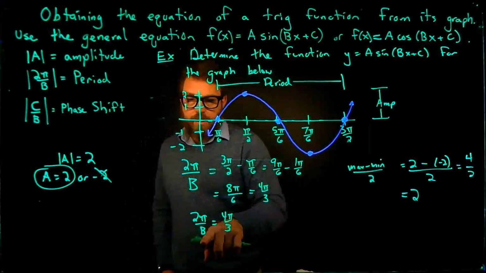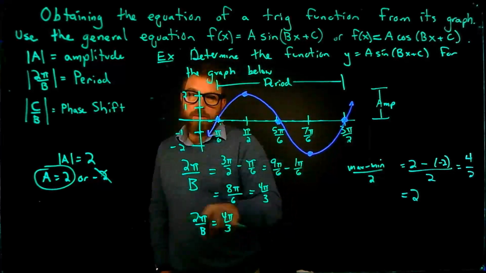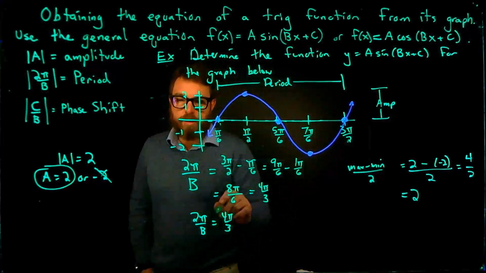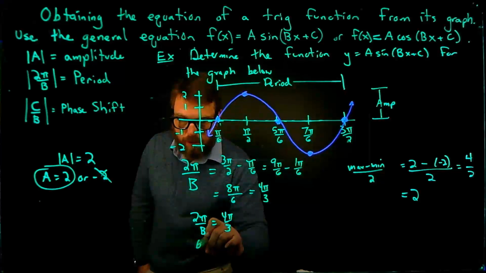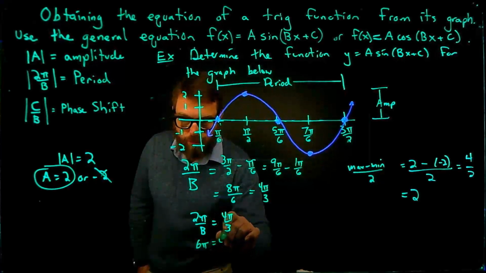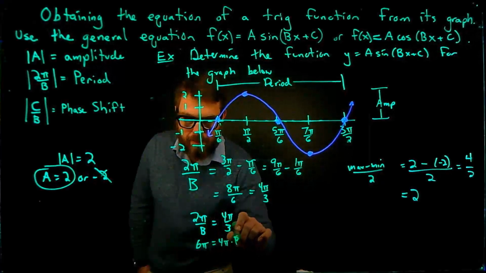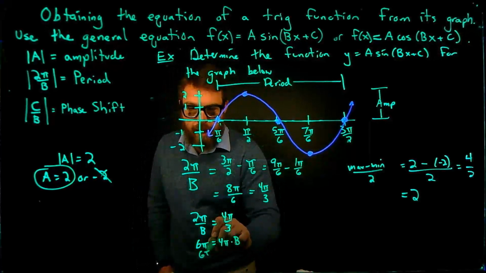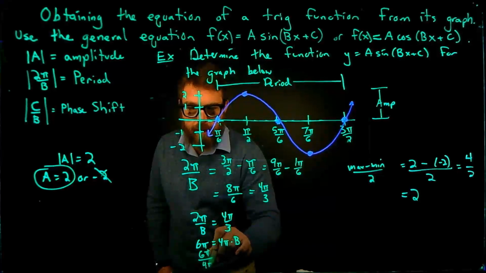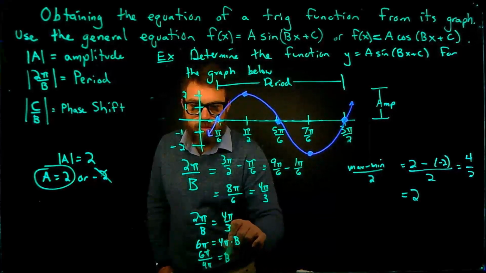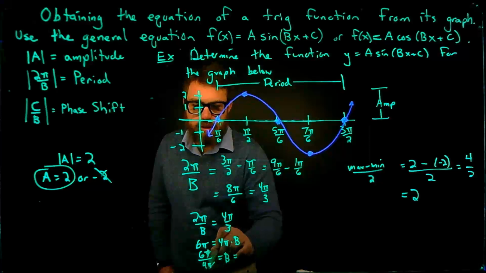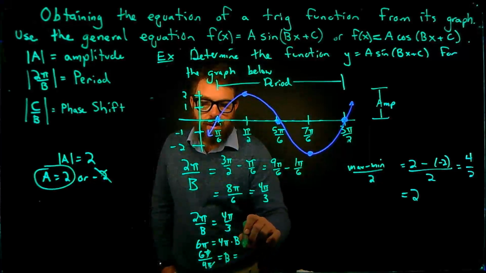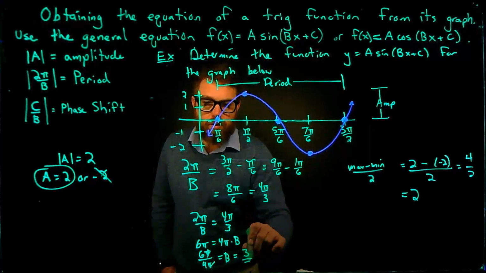If I multiply both sides by b and multiply both sides by 3, it clears that denominator, so 6 pi is equal to 4 pi times b. Then finally dividing by 4 pi, the pi's cancel, and 6 divided by 4 is equal to 3 over 2.